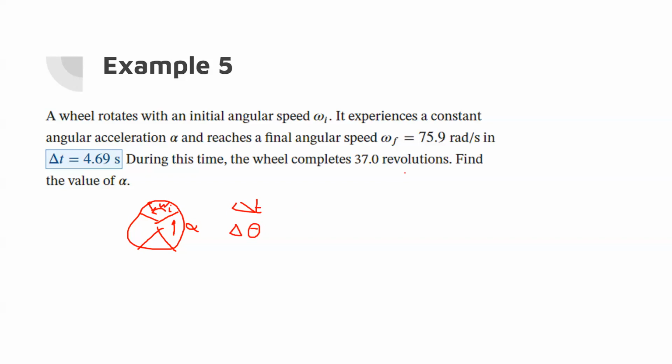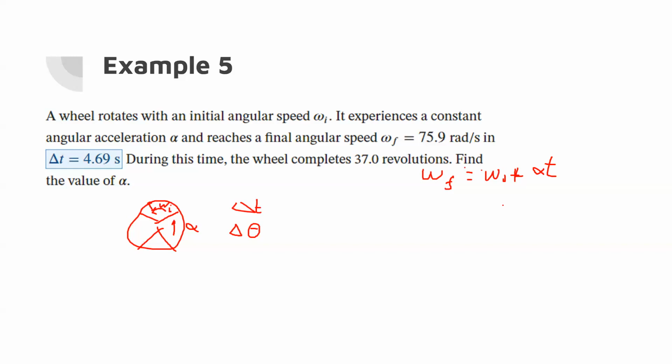Since I'm looking for the acceleration, I'm going to try and see if I can do that using the angular velocity equations, which are omega final equals omega initial plus alpha t, like that, right? Well, the problem here is I don't have an omega initial, and so I need to solve for that somehow.